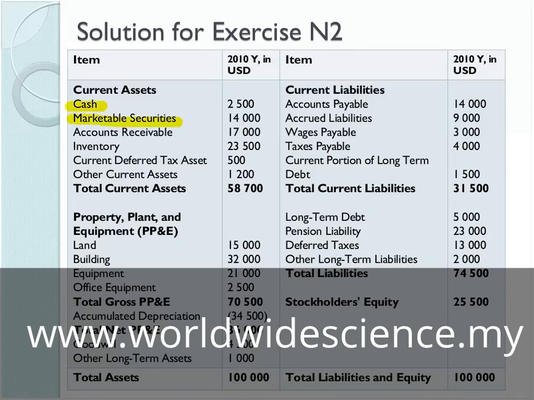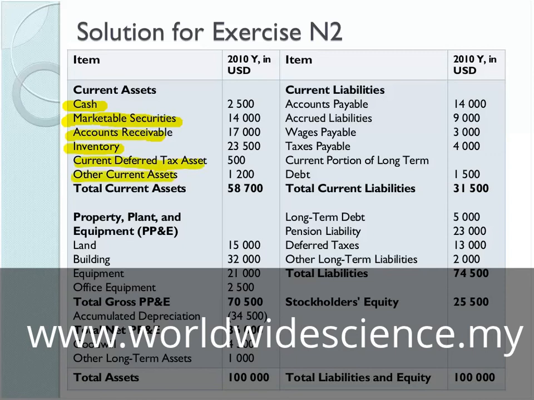Do you remember I gave you the definition of marketable securities? These are special papers brought by the bank as a deposit, with the same liquidity as cash, but cash is more highly liquid. Then we come to accounts receivable, inventory, the current deferred tax asset, and other current assets.